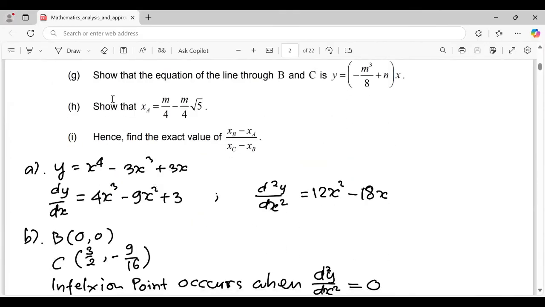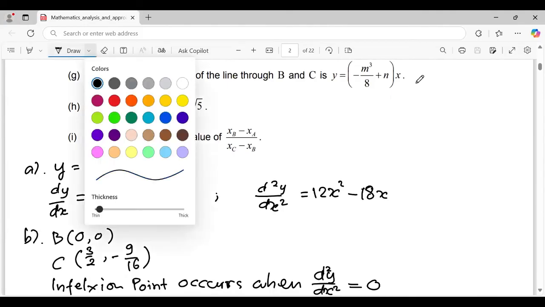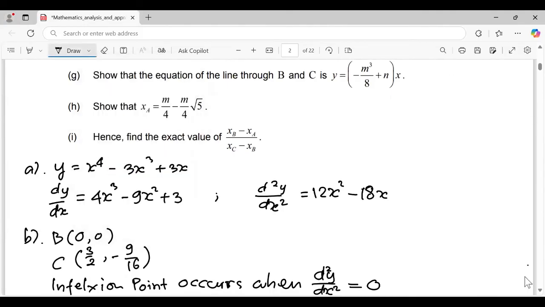H. Show that XA, the x coordinate of point A, is XA equals m over 4 minus m over 4 square root 5.